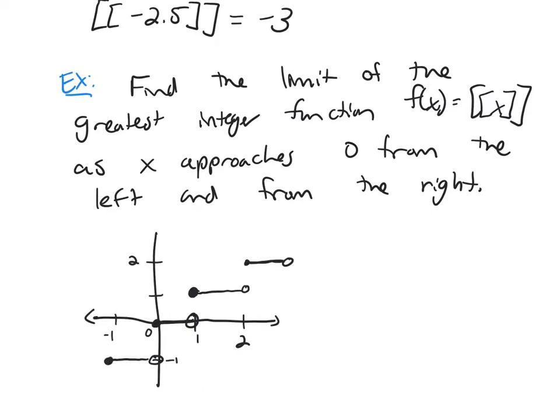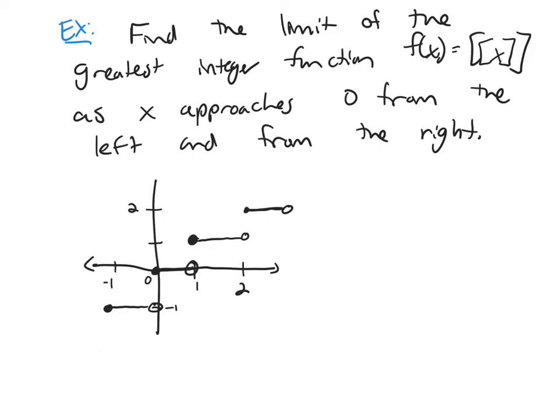So now that I have my graph, let's talk about the limit as x goes to 0 from the left. Here's 0. I'm going to approach it from the left. My y values are always negative 1, so this would be negative 1.